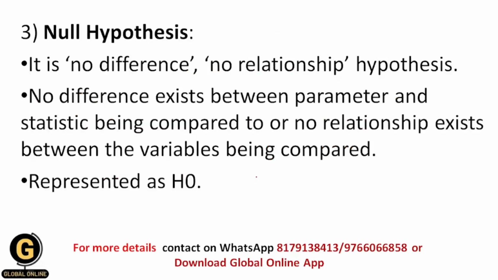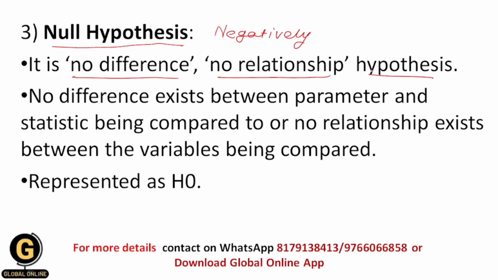Now students, let us see the third type, that is null hypothesis. This hypothesis is stated negatively, and that's why it is called null hypothesis. So it is a no difference, no relationship hypothesis. It means that no difference exists between the parameter and statistic being compared, or no relationship exists between the variables being compared.